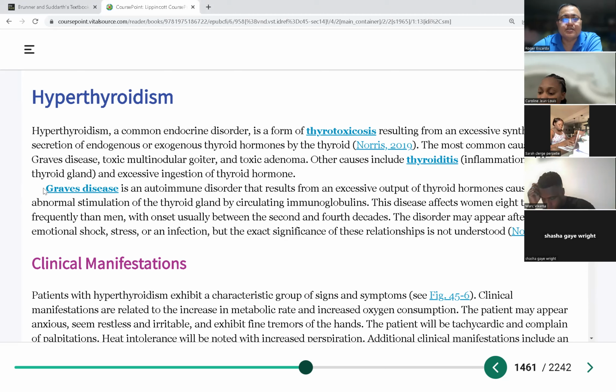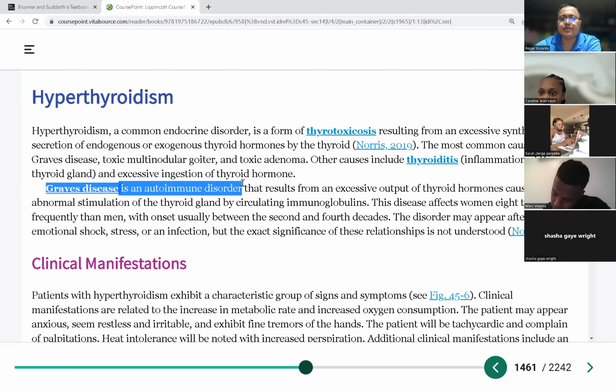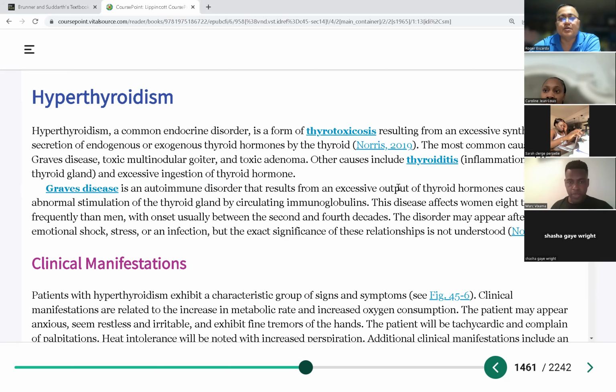Hashimoto disease. So in hyperthyroidism, the name is Graves' disease. This is also autoimmune, so therefore the patient's body has antibodies. This time, these antibodies cause the increased production of thyroid hormones. So the patient's T3, T4 levels are high because of a defect of the thyroid glands.